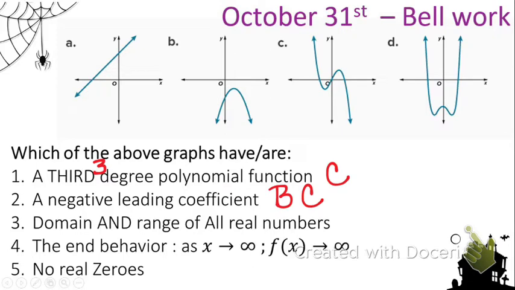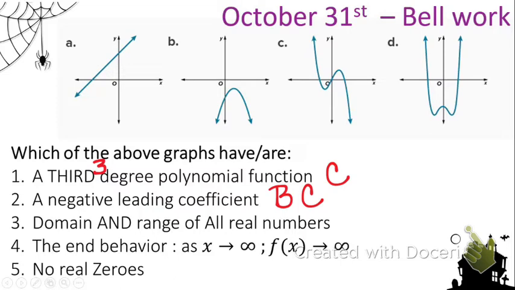All right. I did tell you this definition, at least I think I did. But looking at a graph, which one has a domain and range of all real numbers? What kind of function? Odd degree. There we go. All odd degree functions. Go ahead and write that down.